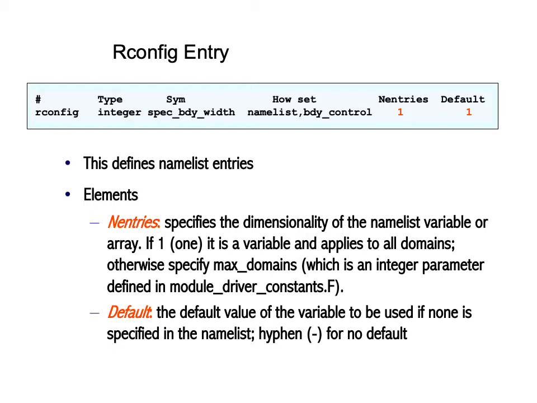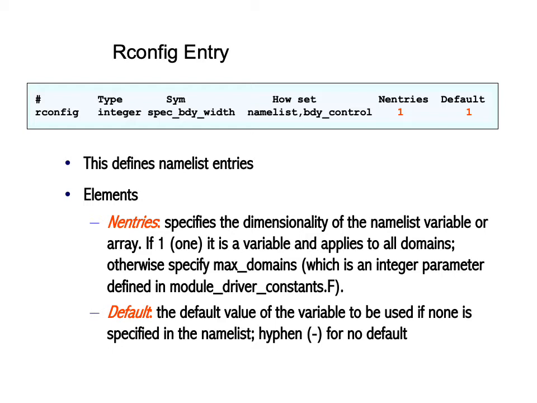If we have a single entry on this registry rconfig entry, that means that this namelist value is a single entry, a single value. It is a scalar variable. It's valid for all of the domains. Examples of this would be things like, what is the model top?